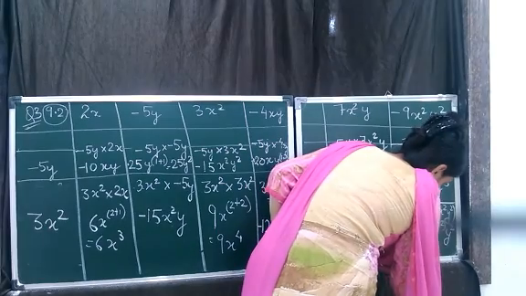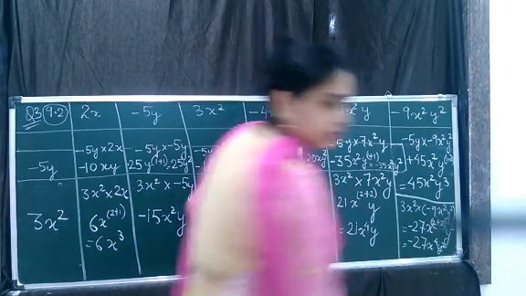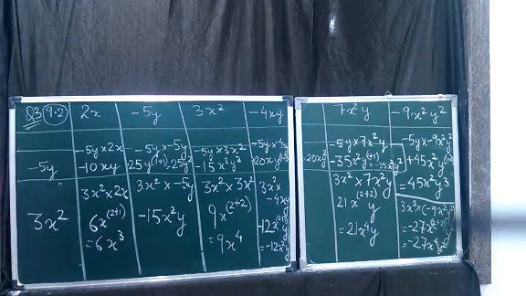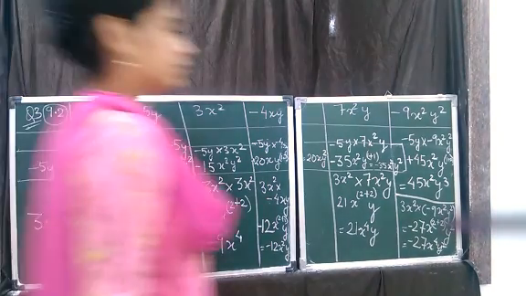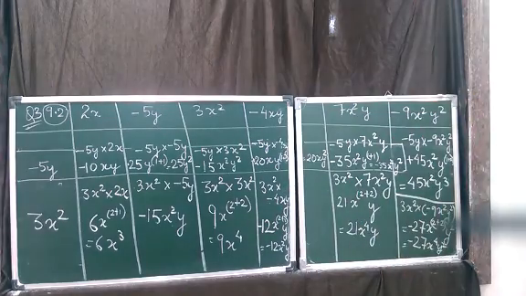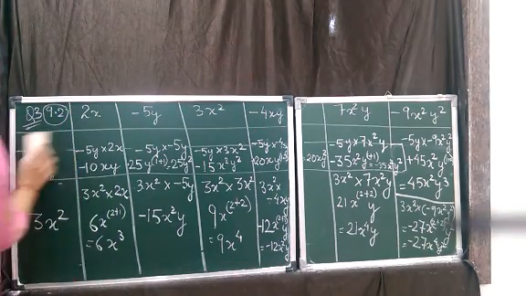So this gives us minus 27x to the power 4 y squared. So this completes the next third polynomial, I suppose. Yes, after this the next fourth one is 4xy. So I'll write 4xy here.